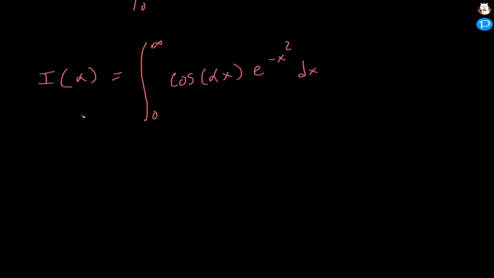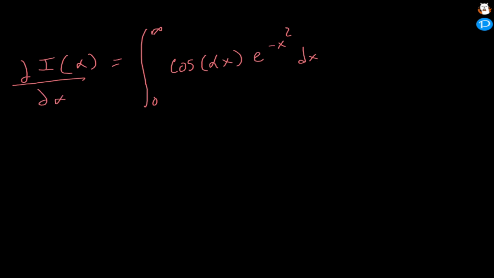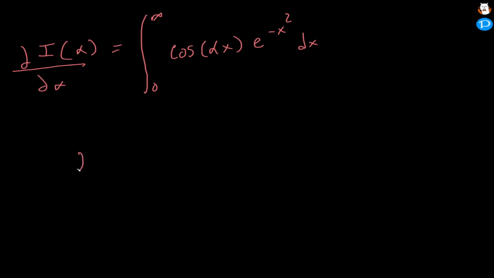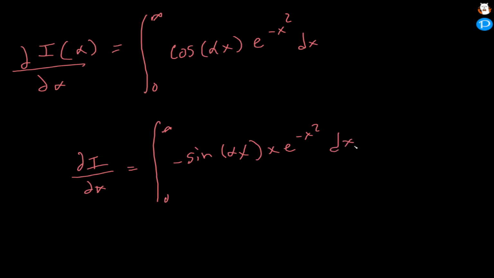And from there, what we do is we differentiate with respect to that variable. And so we treat everything that does not house that variable as a constant. And so that means this will transform into minus sine of x e to the minus x squared dx.